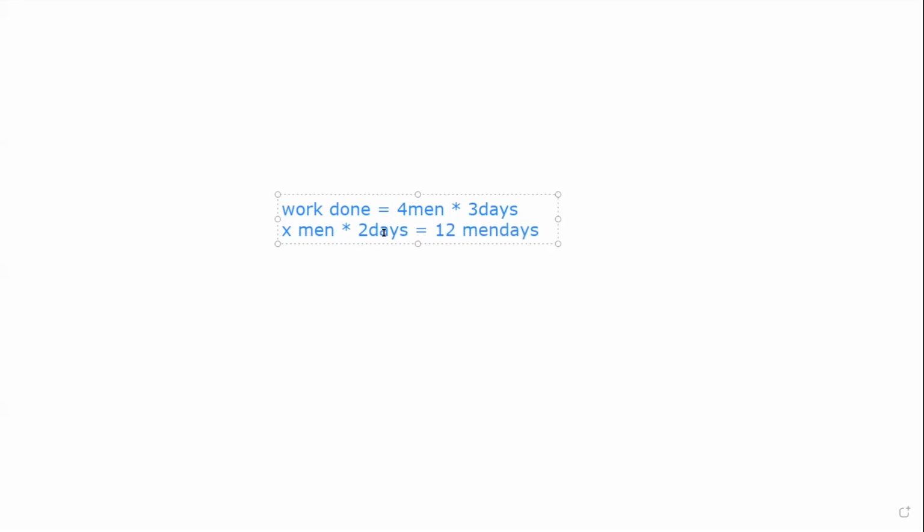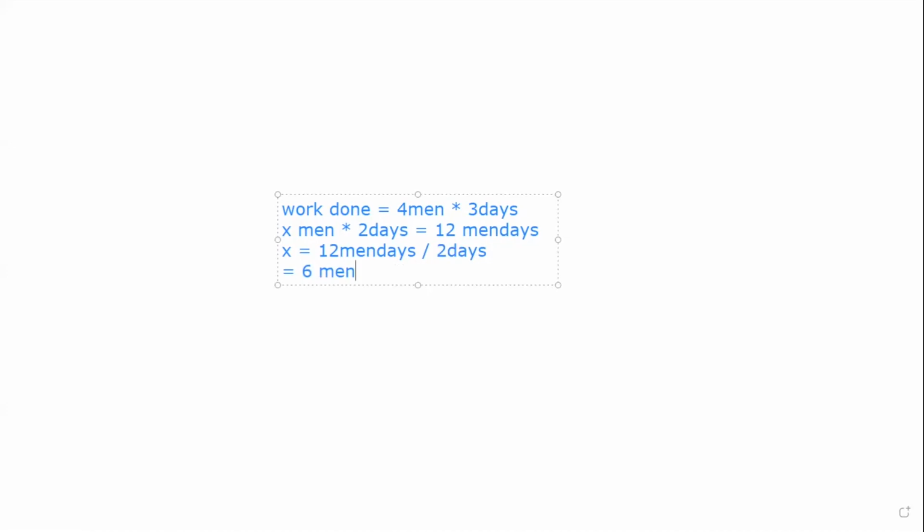So if you want to find the value of X, X is equal to 12 men days divided by 2 days. So that is equal to 6 men.